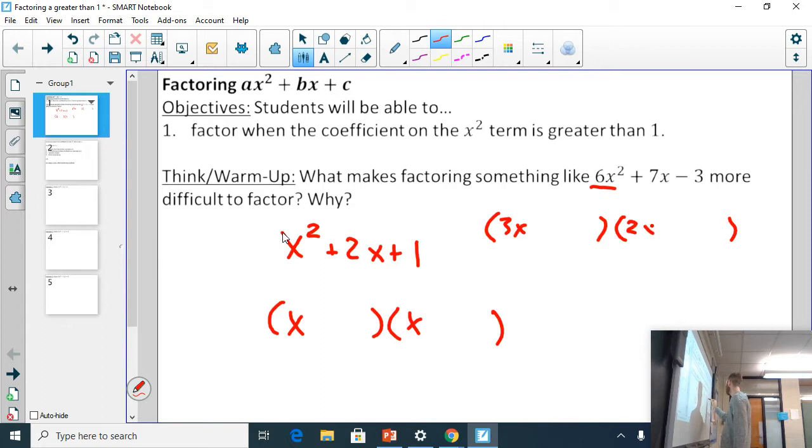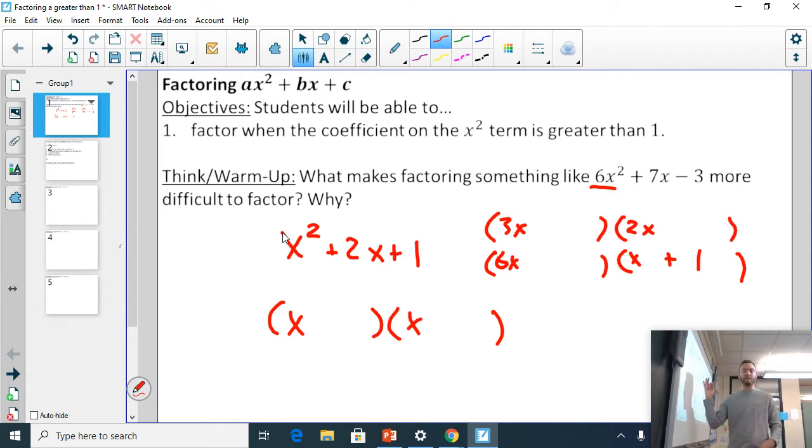That gets us 6x squared. Well, couldn't we also have 6x and x? And even then, once we put a plus something over here, we have 6x times 1, which gets us 6x instead of just 1x.